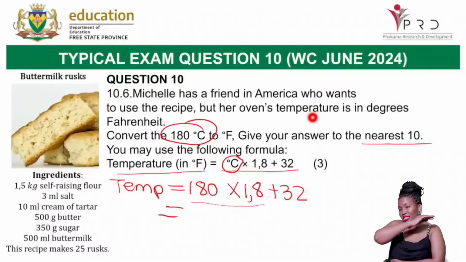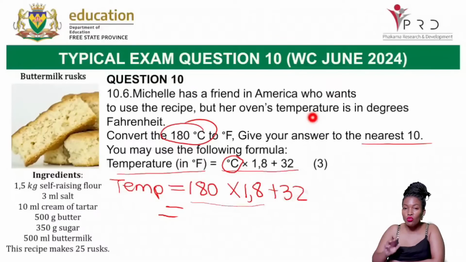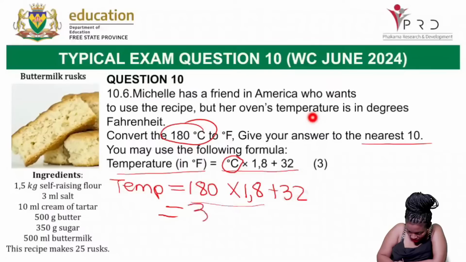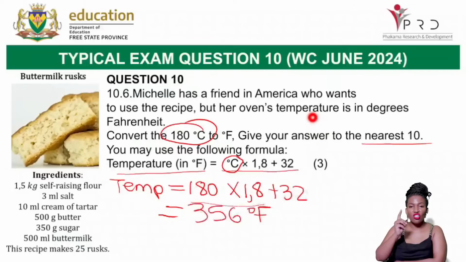Or you just punch it in as it is on your calculator, because your calculator can actually do BODMAS. So you will say 180 multiplied by 1.8 plus 32. The answer that I'm getting there is 356 degrees Fahrenheit.